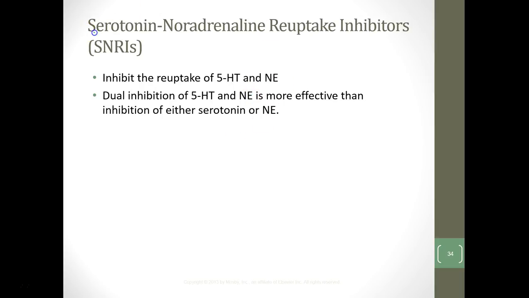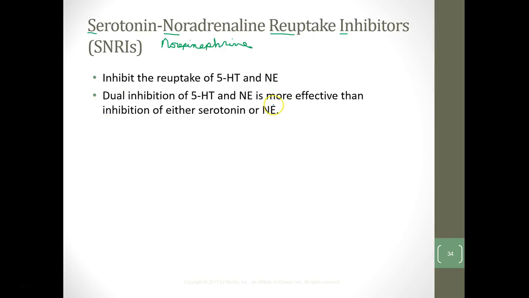Okay, the next group of drugs are serotonin, norepinephrine reuptake inhibitors. Like I stated in the previous chapter, norepinephrine is the same thing as noradrenaline. What they do is they inhibit the reuptake of both serotonin and norepinephrine.